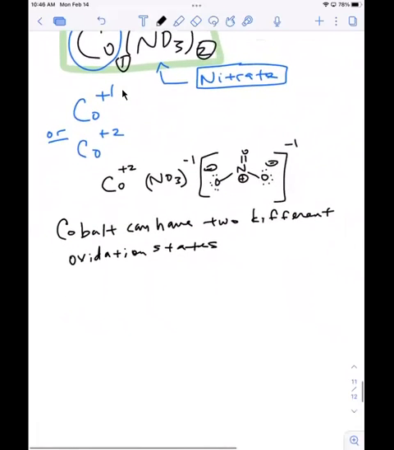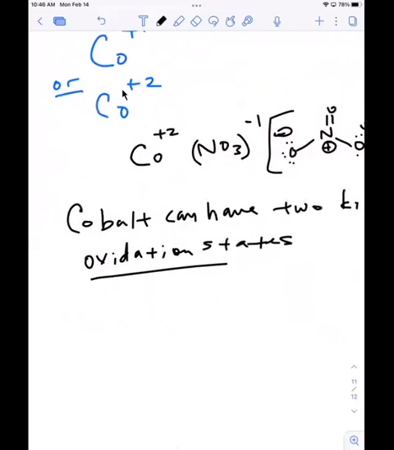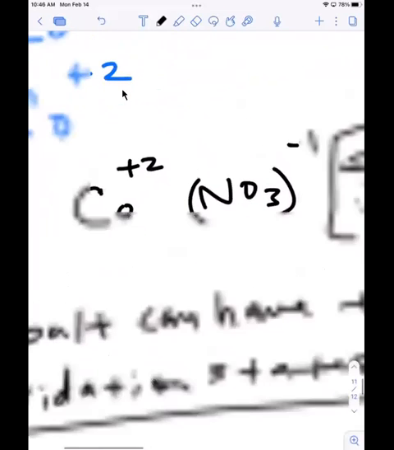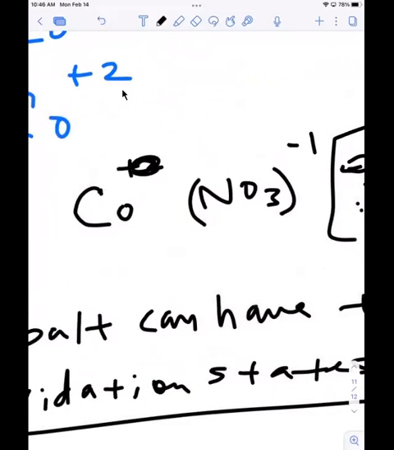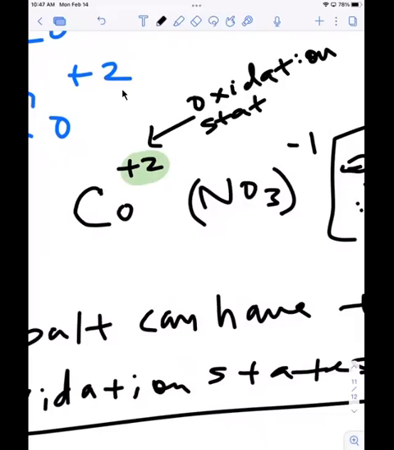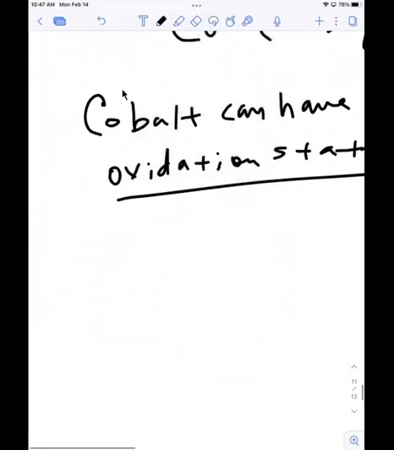So when we write the name of this, we know the charge on cobalt, which we can also call its oxidation state, is +2. So we know that this particular form of cobalt is in a +2 oxidation state. When we name it, we have to indicate that.